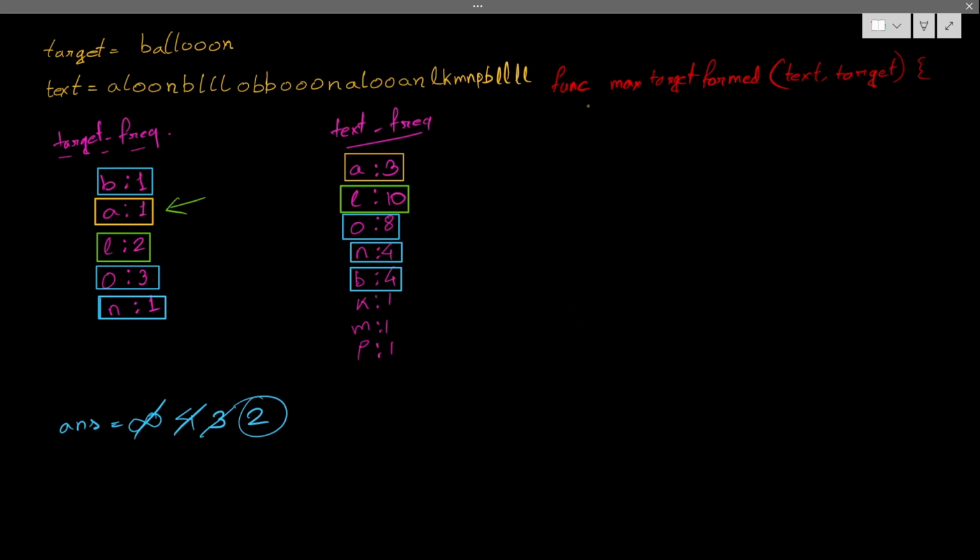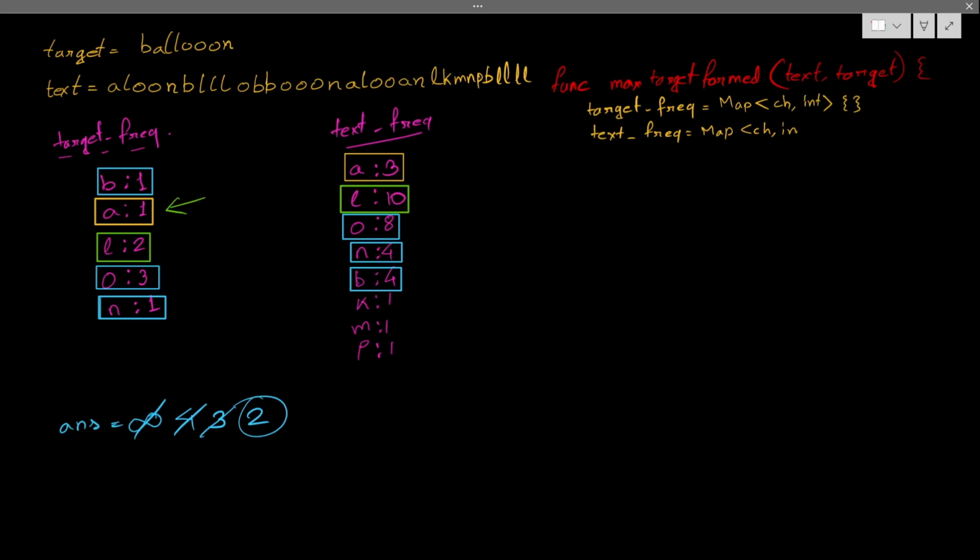The target frequency will be a map where the character is the key and the value is an integer. Similarly, the text frequency will be a map of character and integer, correct?